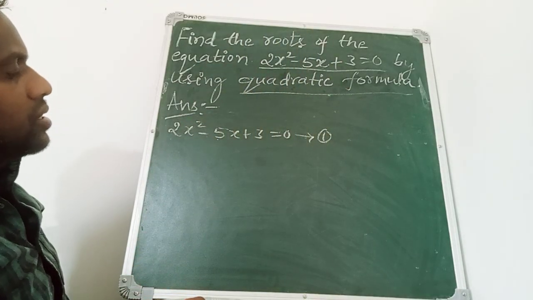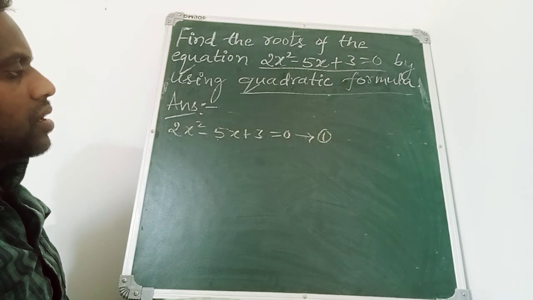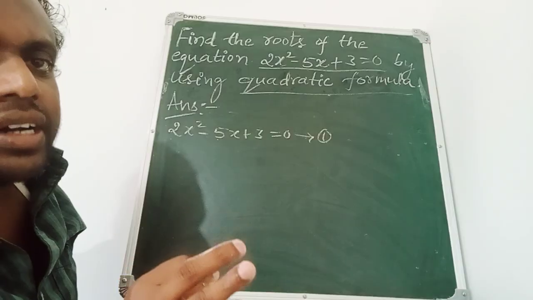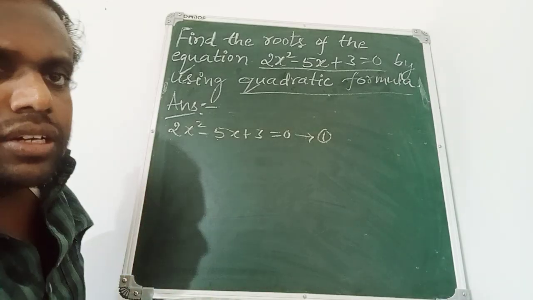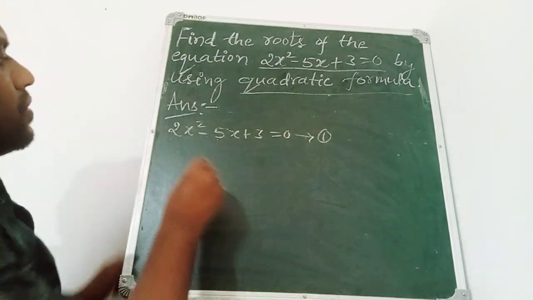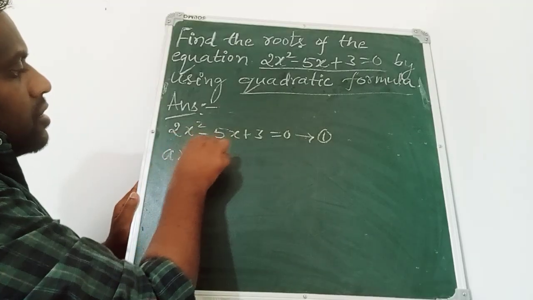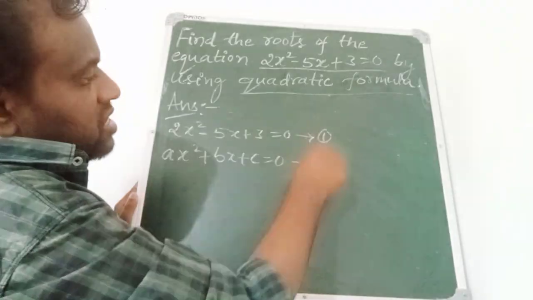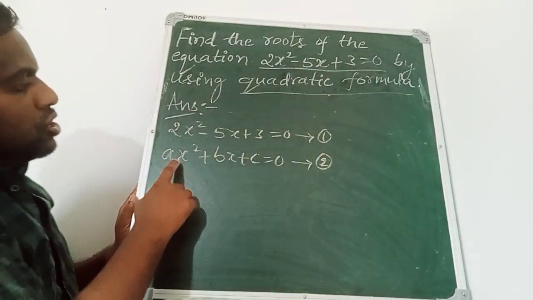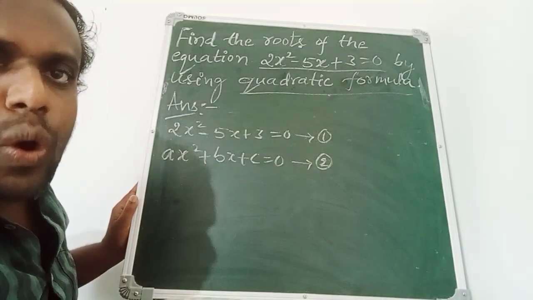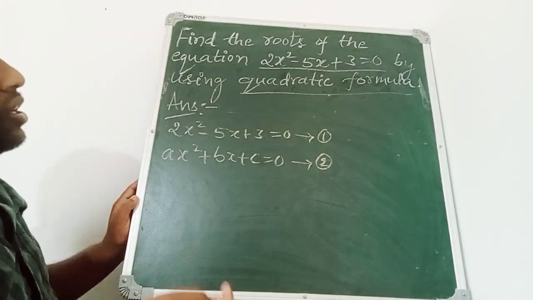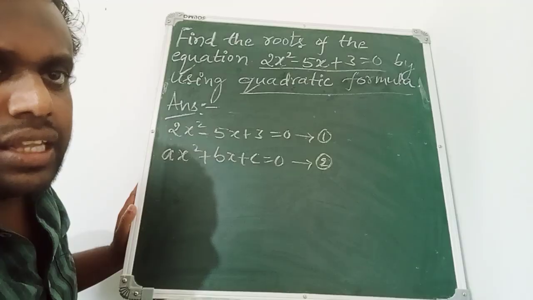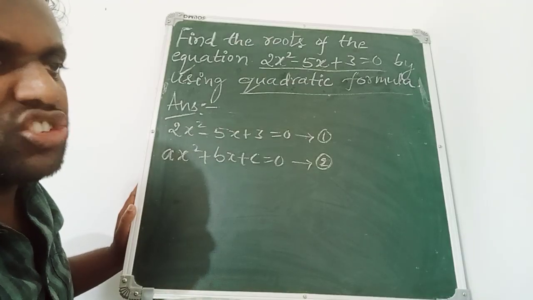Next step is to write the general standard form of a quadratic equation: ax² + bx + c = 0. Call this equation 2. Now compare equation 1 and equation 2 and find the values of a, b and c.